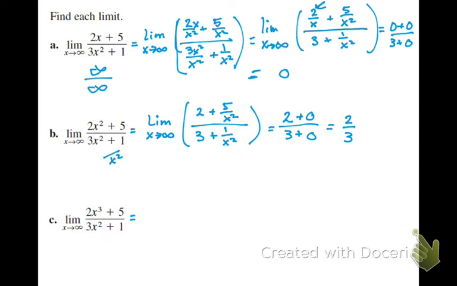What's changing about these guys? We're getting exponents. The exponent in the numerator. So this time I'm going to still divide by x squared. But what am I going to get this time?